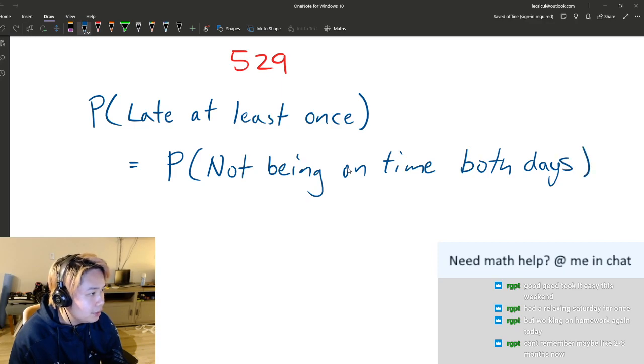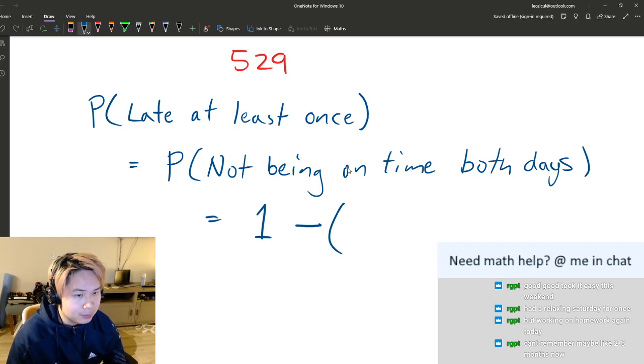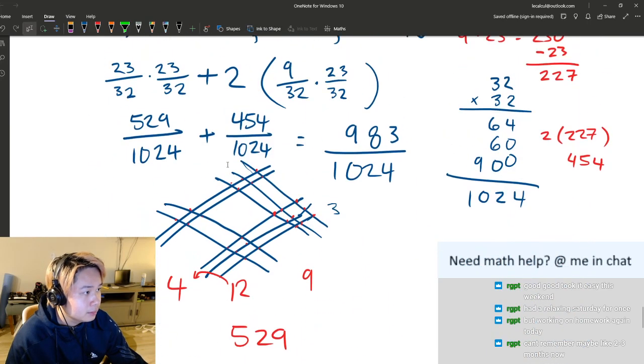And this is probably easier to calculate because we just take 1, which is the total probability of everything, and then we take away the probability of him being on time both days. And him being on time both days is 9 out of, I think, 32. And then you have to square it, 1 for each day.